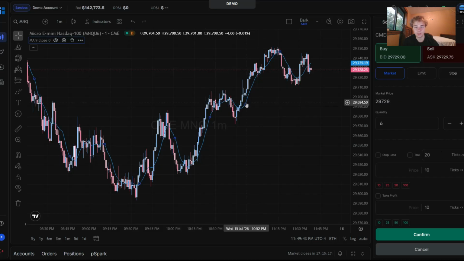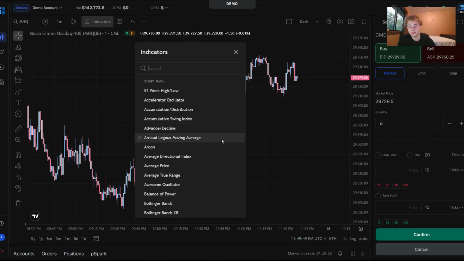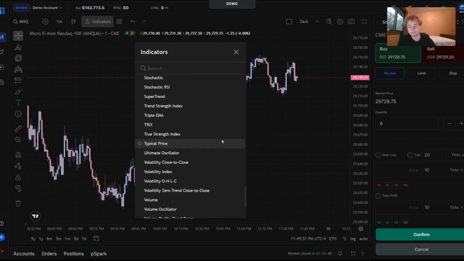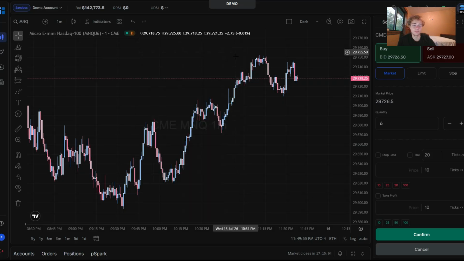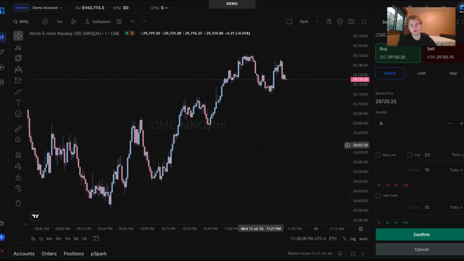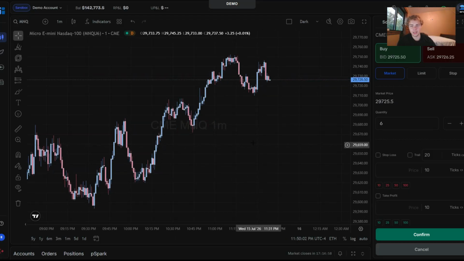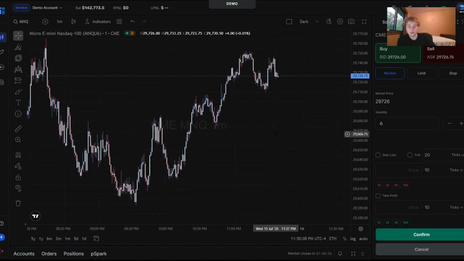But if I'm being honest, I don't really trade with indicators at all. They can be useful, but there's a lot of them. Haven't even heard of most of these. But yeah, VWAP. If you want to look into trading with any indicators, VWAP is the one I'd recommend. We know someone who trades with VWAP, and he's pretty profitable. So you can look into that.